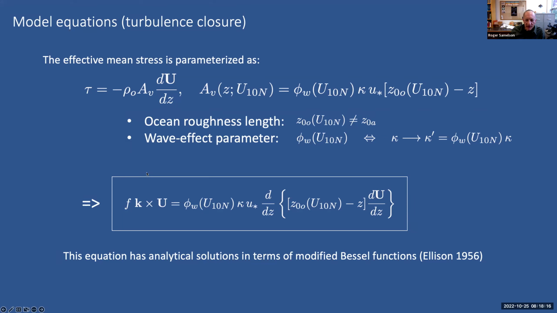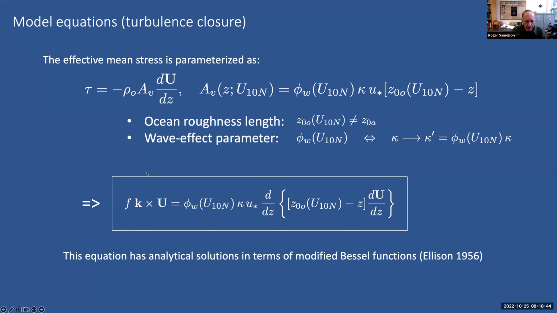So this is analogous to the stability functions in atmospheric similarity theory, Monin-Obukhov similarity theory for the atmospheric boundary layer. But in this case, I just make it a constant. I don't try to make it dependent on any scale depth. But both those constants now, the roughness length Z0 and the wave effect parameter phi W, are going to depend upon the wind speed. That's the essential assumption here.